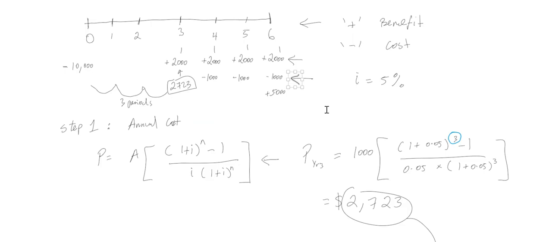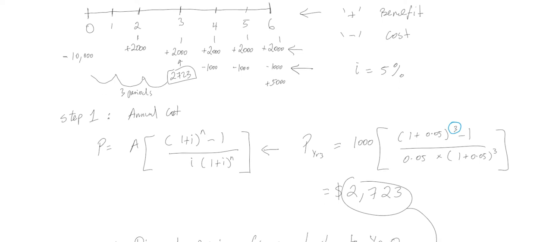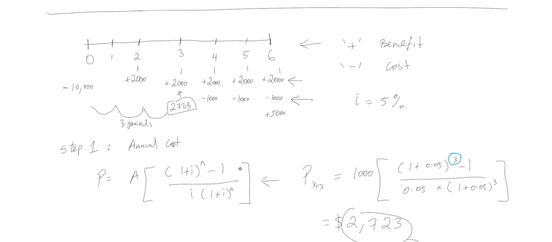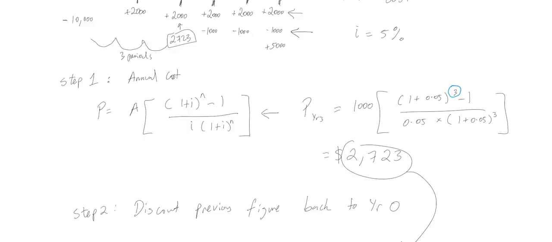Let me go back, because we actually have another payment which is at year 2, that's 2,000. So we've got 5 payments of 2,000. So it wasn't 4, it was 5. So n is going to be equal to 1, 2, 3, 4, 5.